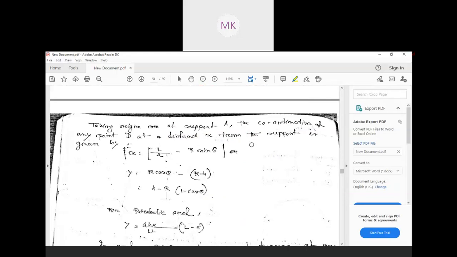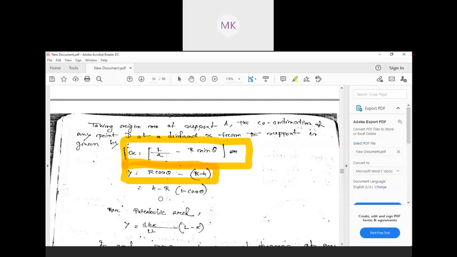When we need to find the coordinates at any point on the arch, we use these formulas: x is equal to L by 2 minus R sine theta, and y is equal to R cos theta minus (R minus h).